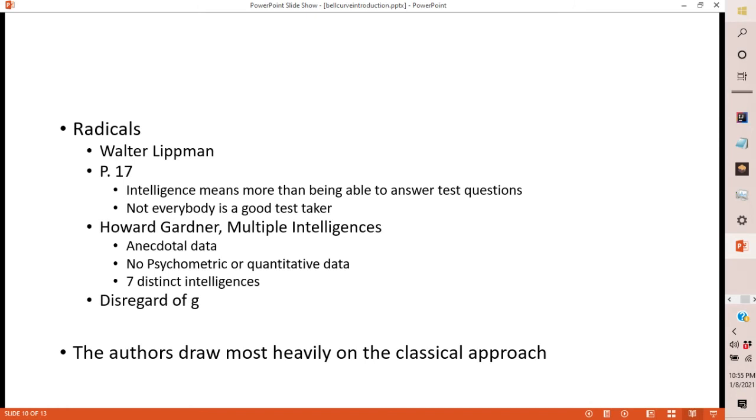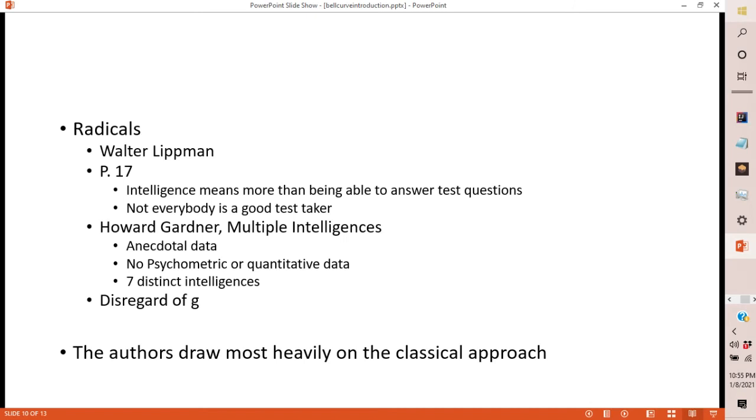And Howard Gardner comes around with the theory of multiple intelligences. So there's intelligence in art, there's intelligence in athletics, there's intelligence in hard sciences and architecture and mathematics, and public speaking, like interpersonal communication intelligence. But the authors point out that Howard Gardner didn't really have any hardcore data on this.